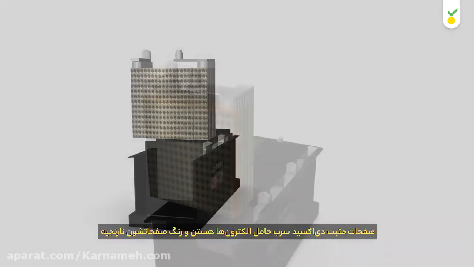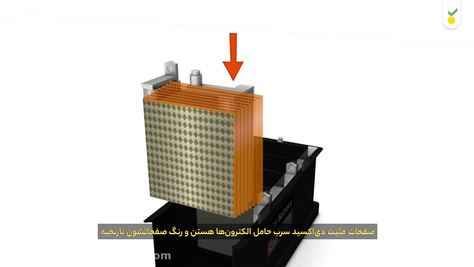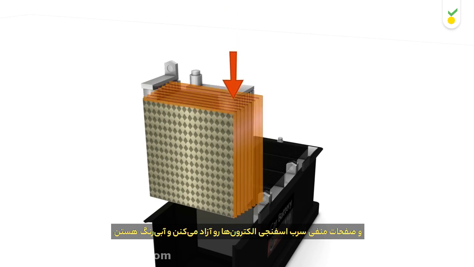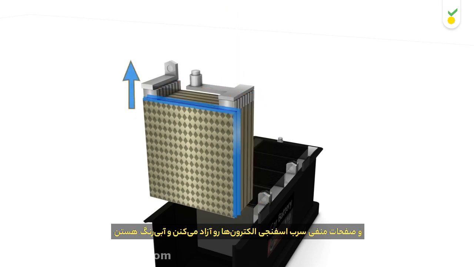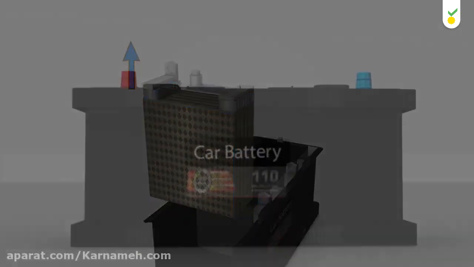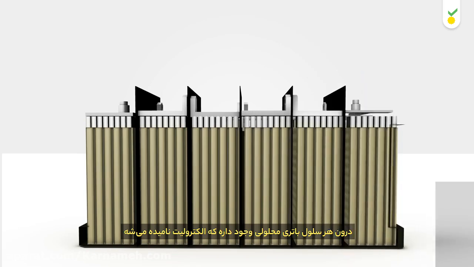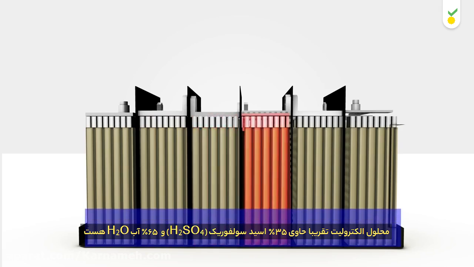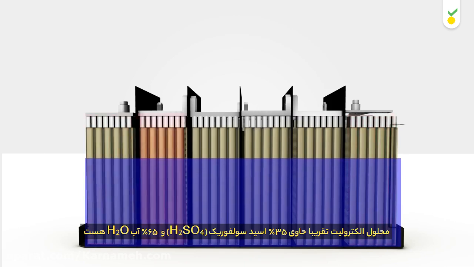The positive lead dioxide plates carry electrons in, orange color plates, and the negative sponge lead plates release electrons, blue color plates. Inside each battery cell is a solution called electrolyte, which conducts electricity. The electrolyte solution is a combination of 35% sulfuric acid, H2SO4, and 65% water, H2O.